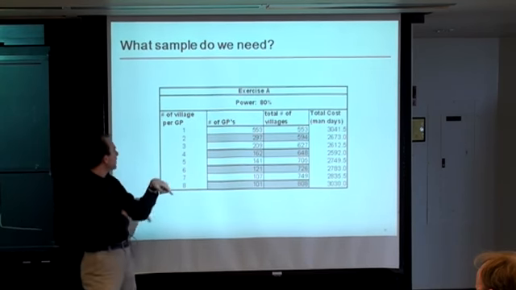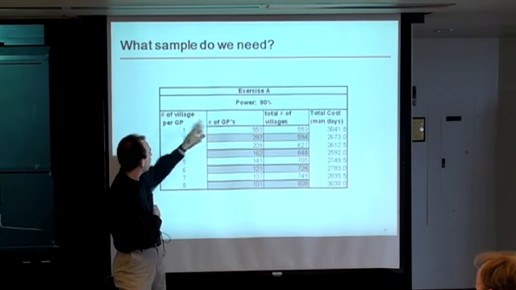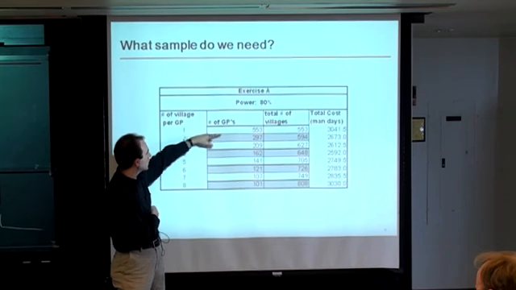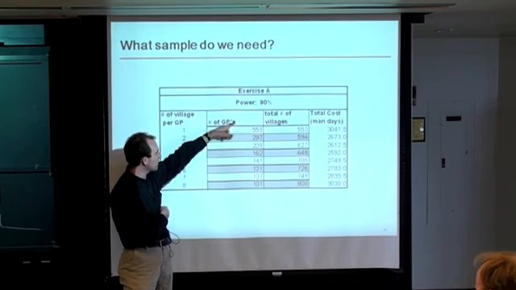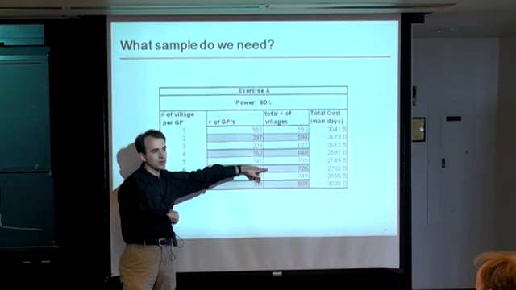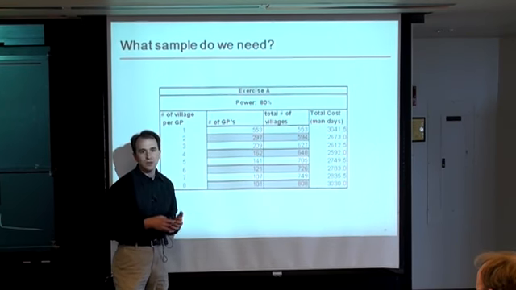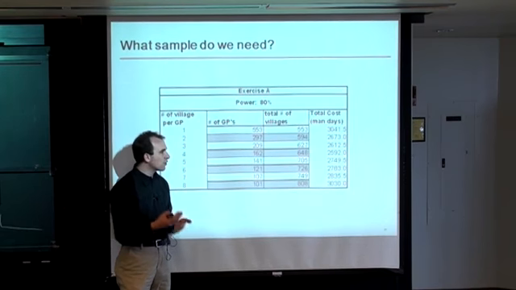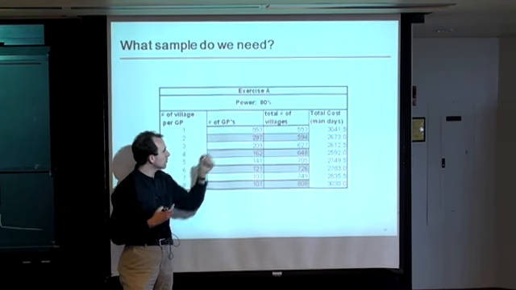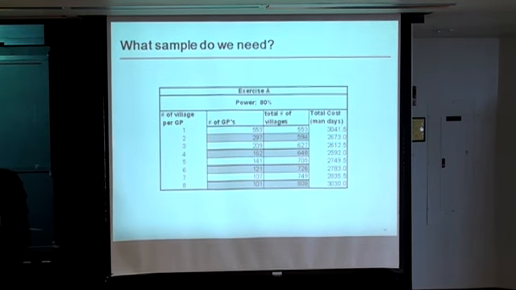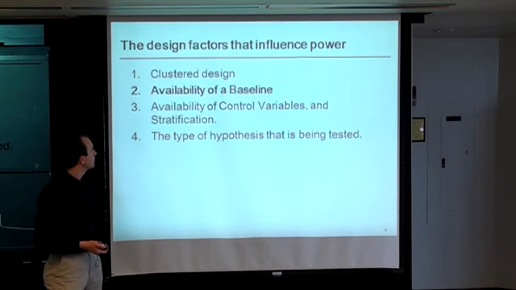So if you always have to treat every village in the Gram Panchayat, you can save a ton of money by reducing the number of Gram Panchayats and surveying a lot more villages. But the whole point is there are these trade-offs, and in deciding how you're going to structure your experiment and your survey, you need to think through what these trade-offs are and make sure you have enough power, given your estimates of your intercluster correlation, and do the cost-minimizing thing.